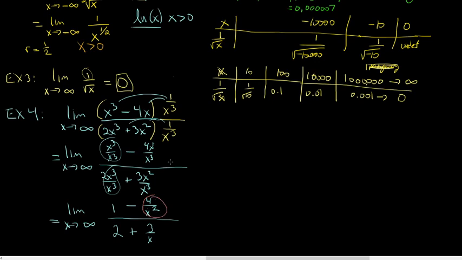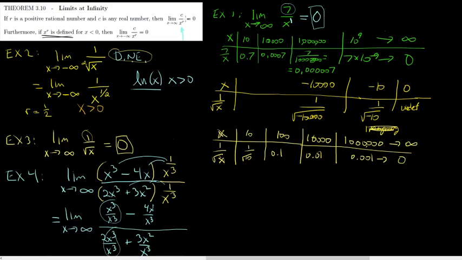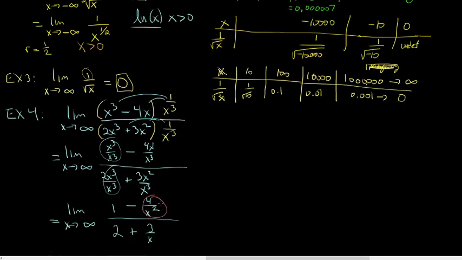According to this theorem up here, this limit has to approach 0. So this approaches 0. And the same is going to be true here. 3 over x. c is 3. This is x to the r, where r is 1 in this case. According to that same property, this also has to approach 0.